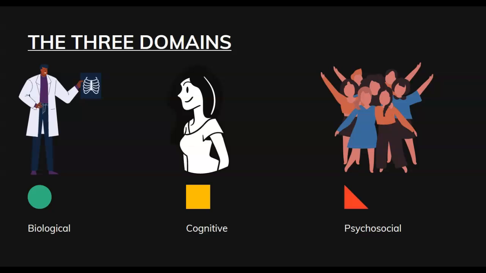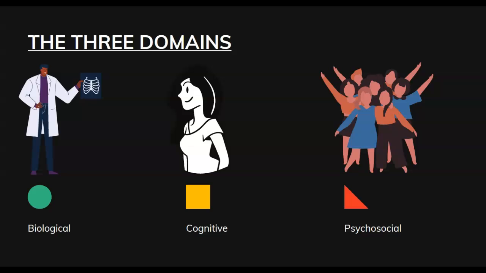Cognitive domain refers to really those mental processes, those things that we can't see so much. So in terms of perception, imagination, judgment, decision making, impulse control, intelligence, right?